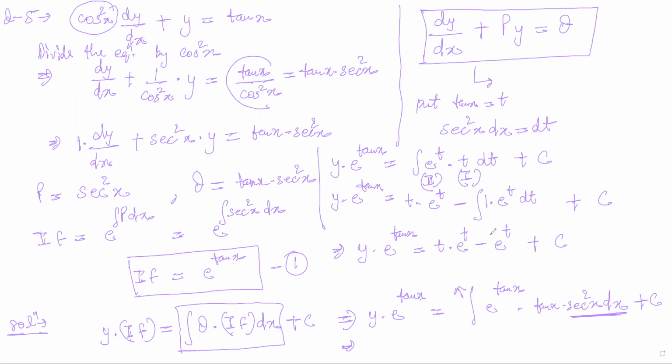Now, if we substitute the value of t back into the original equation, it becomes y into e to the power tan x is equal to tan x e to the power tan x minus e to the power tan x plus c. Can we simplify it further? I mean, this is the answer for now, but can we simplify it further? If we can, what will be the answer?